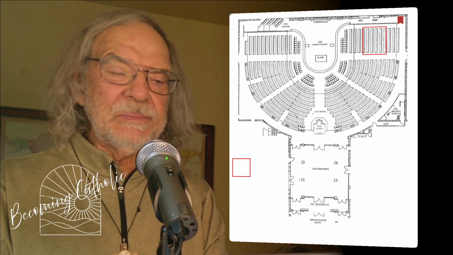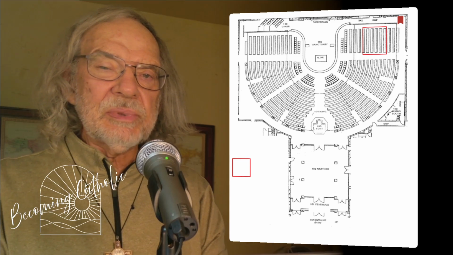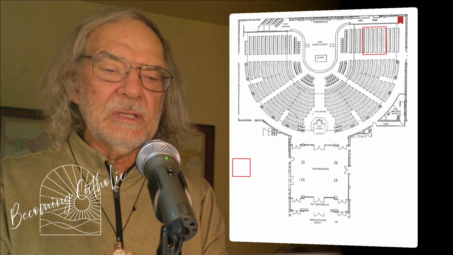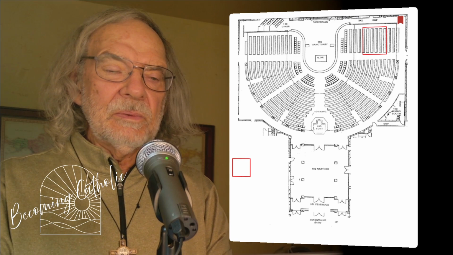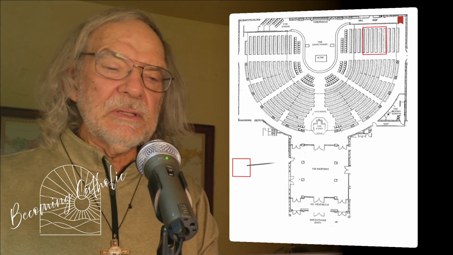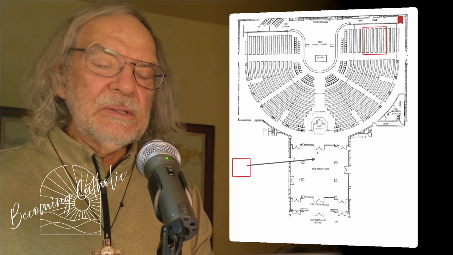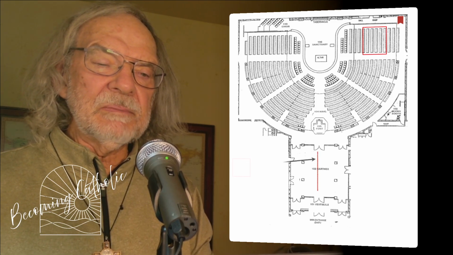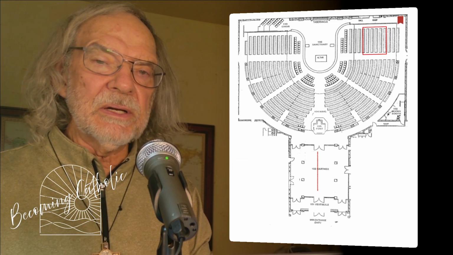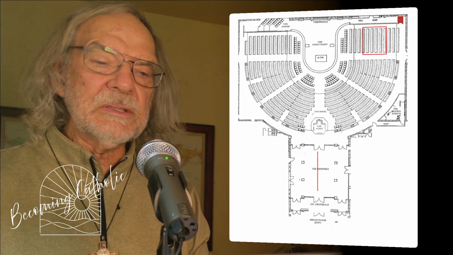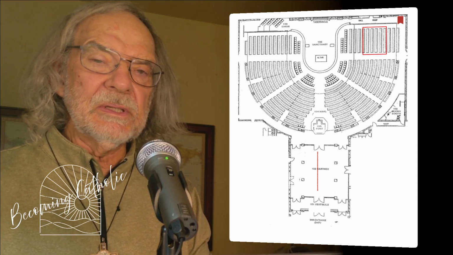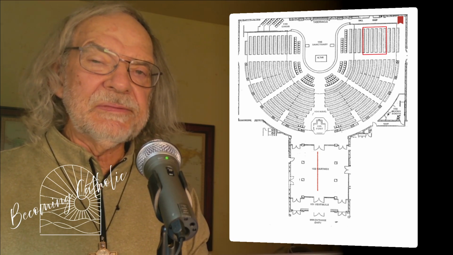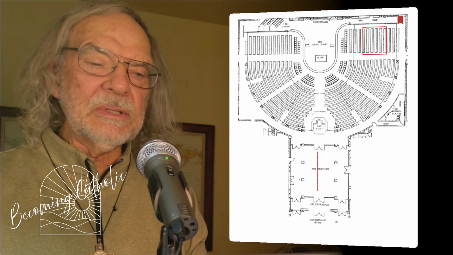And just about 10 minutes prior to the start of the 10:30 Mass, we will go to the narthex and line up as shown here on the left of the main aisle in the narthex, right behind the center doors going into the nave, or the proper part of the church where the pews are.